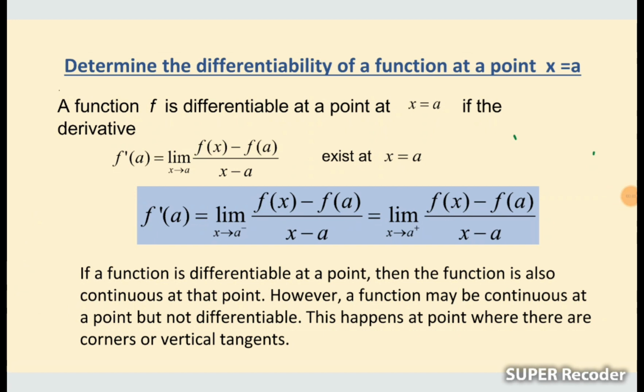Determine the differentiability of a function at the point x equals a. The function f is differentiable at a point x equals a if the derivative f prime a, which is equal to the limit when x approaches a of (f(x) minus f(a)) over (x minus a), exists at x equals a.